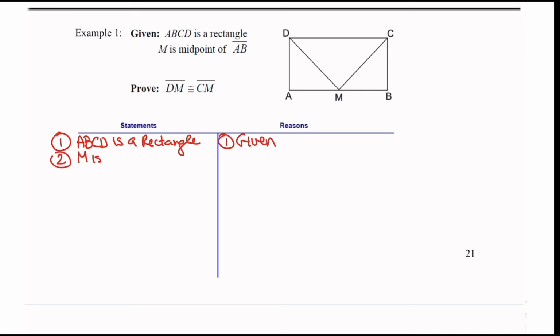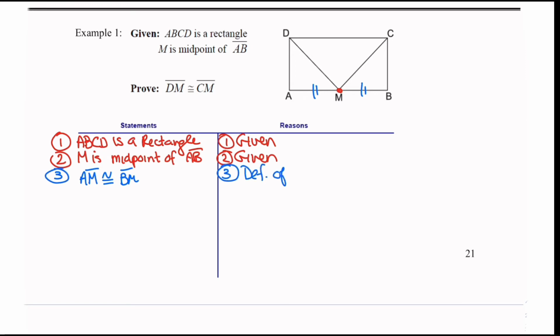M is midpoint of AB, also given. Because M is the midpoint of AB, the next statement I'm going to make is that AM and BM are congruent. By definition of midpoint.